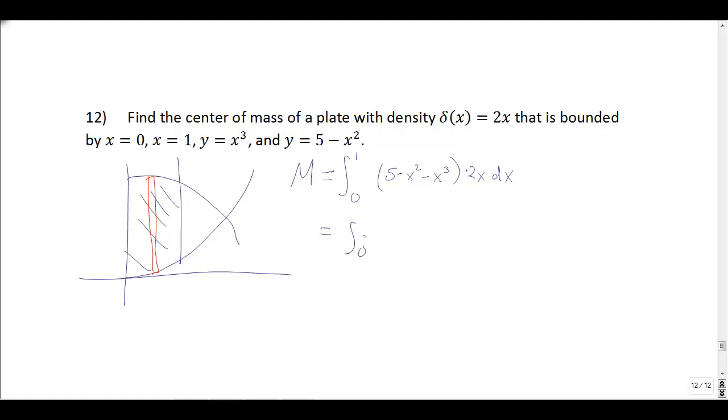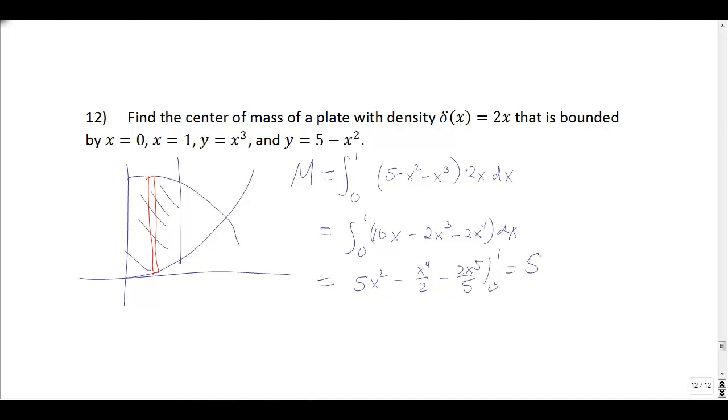So when we evaluate this, we'll distribute, we get 10x minus 2x cubed minus 2x to the 4th dx. So we get 5x squared minus 2x to the 4th over 4, minus 2x to the 5th over 5, from 0 to 1.